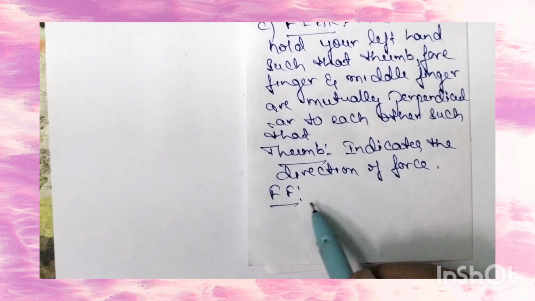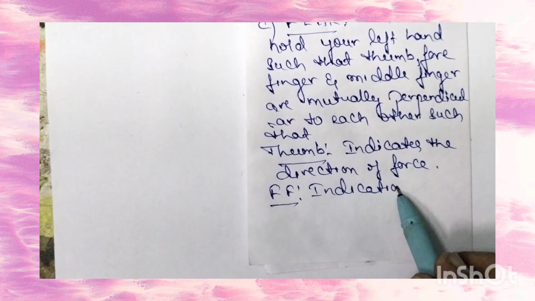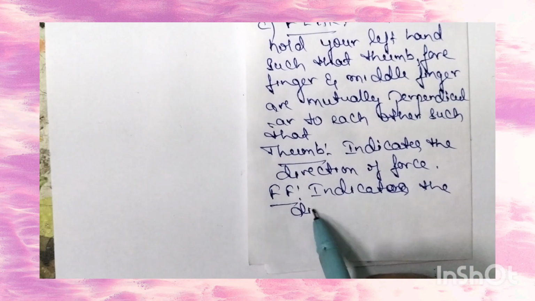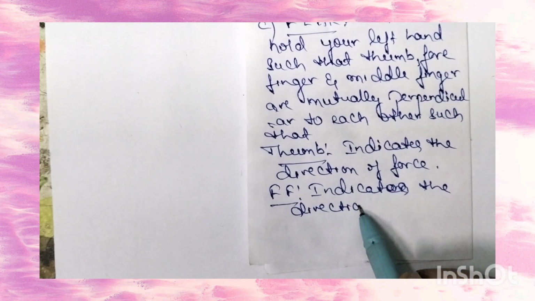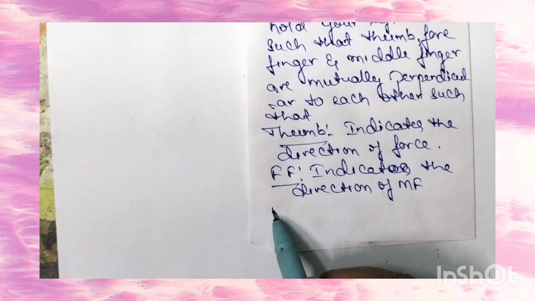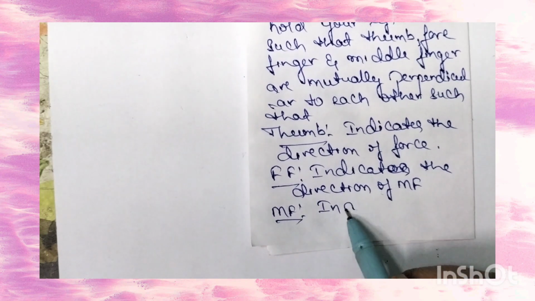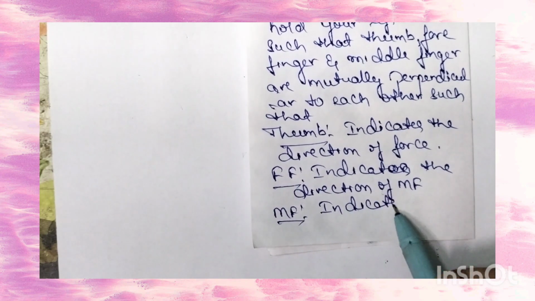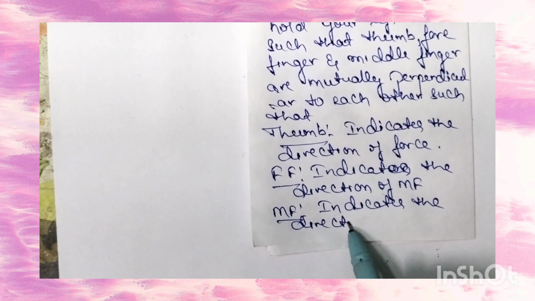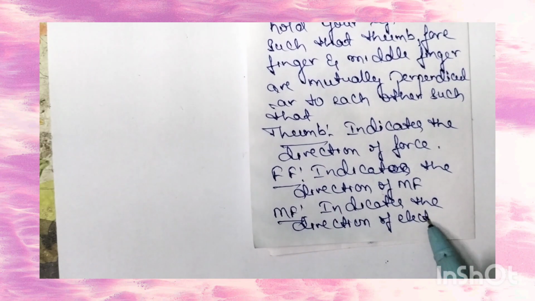forefinger indicates the direction of magnetic field, middle finger indicates the direction of electric current.